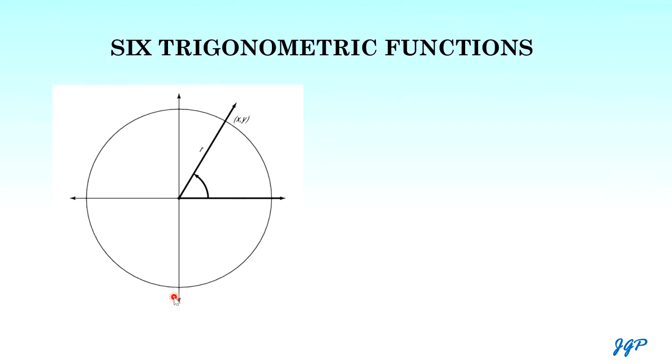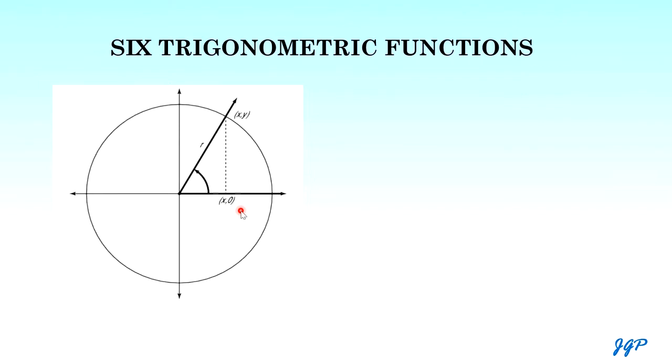This figure shows a circle with a radius r that has an angle drawn in standard position. If you picture a right triangle formed by dropping a perpendicular segment from the point (x, y) to the x-axis, forming now a right triangle, so we have here a right angle.